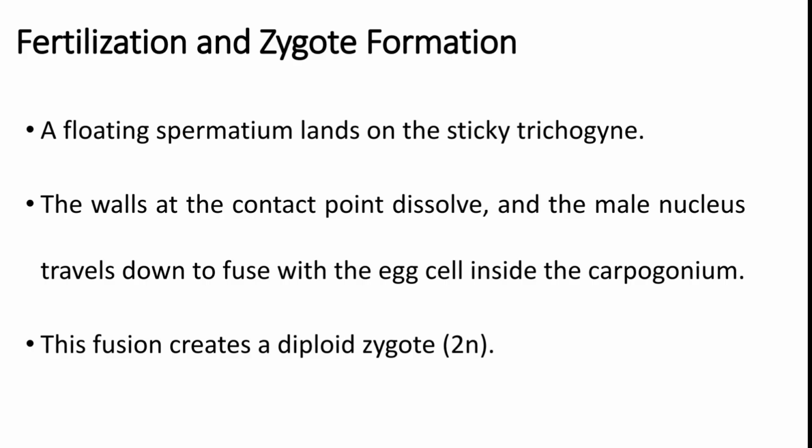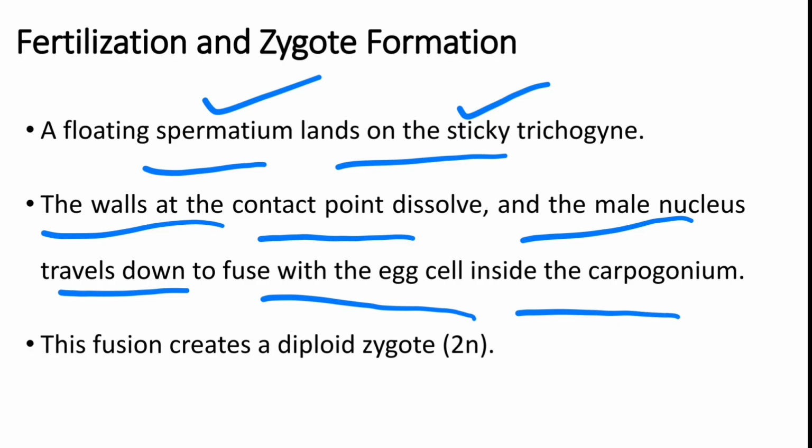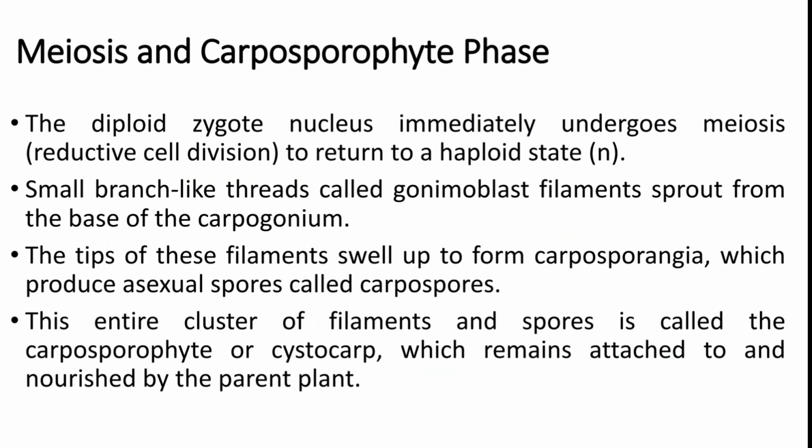Then fertilization. The floating spermatium lands on the sticky trichogyne. The wall at the point of contact dissolves and the male nucleus travels down to fuse with the egg cell inside the carpogonium. This fusion creates the diploid zygote. Then meiosis: the diploid zygote immediately undergoes meiosis, or reductional division, to return to its haploid state.